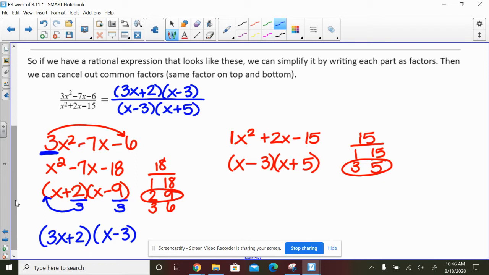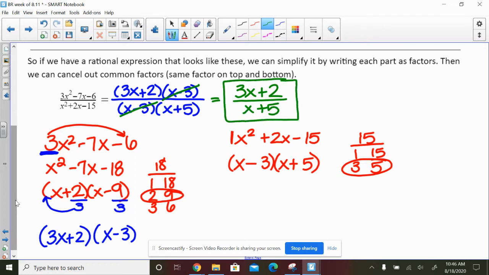So once you have factored everything, you will then cancel anything that's the same on the top and the bottom. So in this case, x minus 3 will cancel, and 3x plus 2 over x plus 5 will be your simplified answer because it did not cancel out.